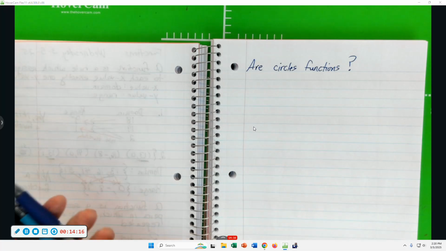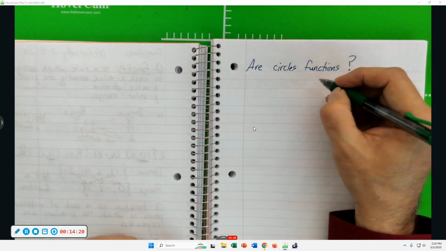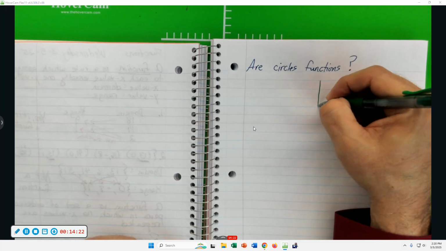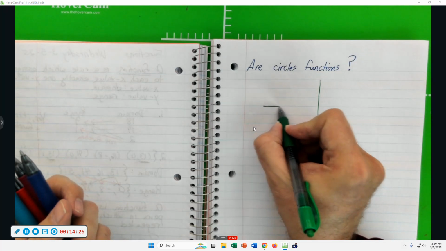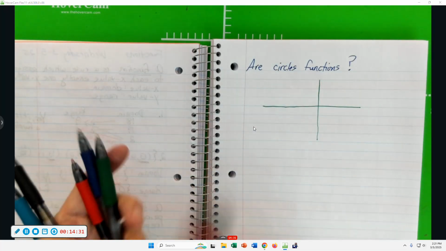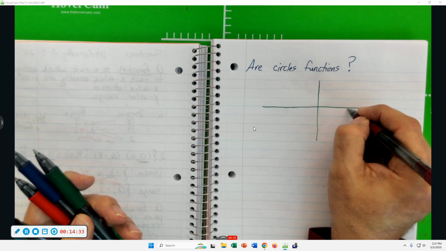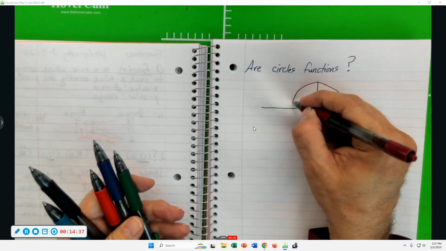Well, to answer that, I'm going to draw a circle. I'm going to put it right here at the origin, though it doesn't matter really where it's drawn. Oh, this looks more like an oval than a circle.